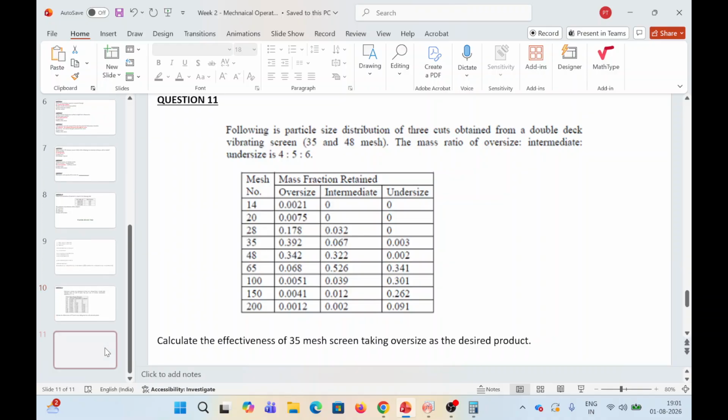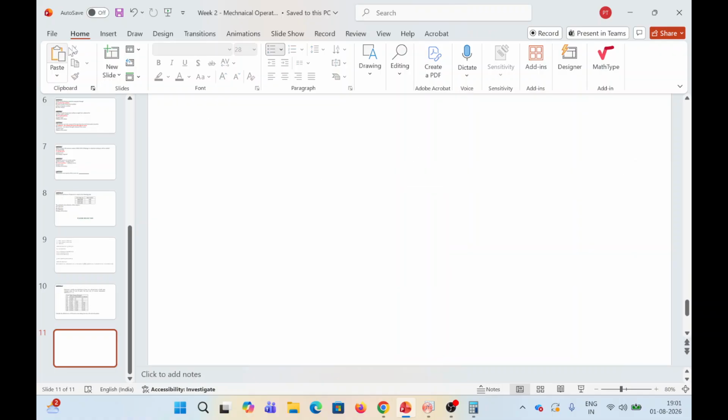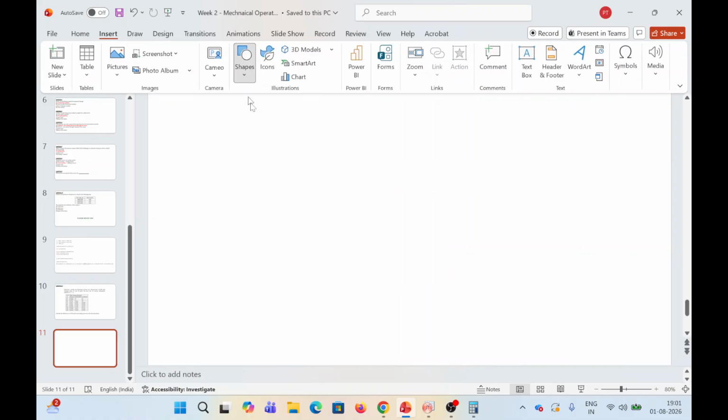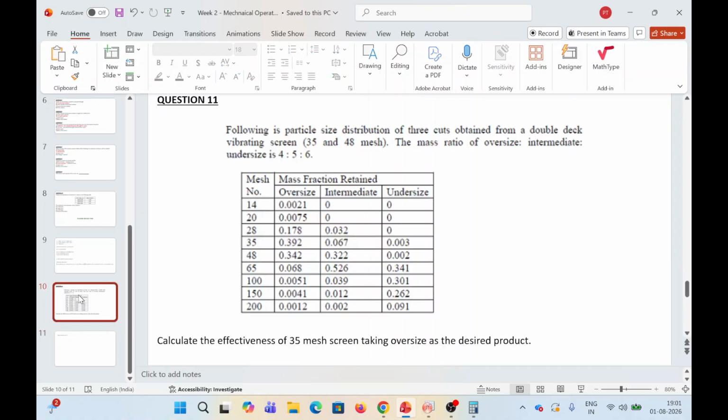So you know the feed ratio, so I think you can calculate the mass fraction. The mass fraction will be nothing but 4 by 15 for the oversize.